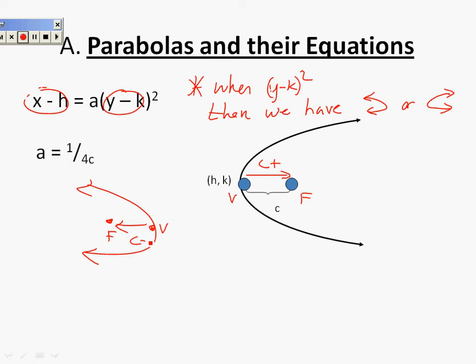Okay? And that's how we'll be finding A. So basically, when we're trying to find the equation, you have to find A. You're going to figure out what C is using this process, plug it into this formula so you can get your A for the equation. That's pretty much where we're going with this. We're going to do a few sample problems to illustrate that.